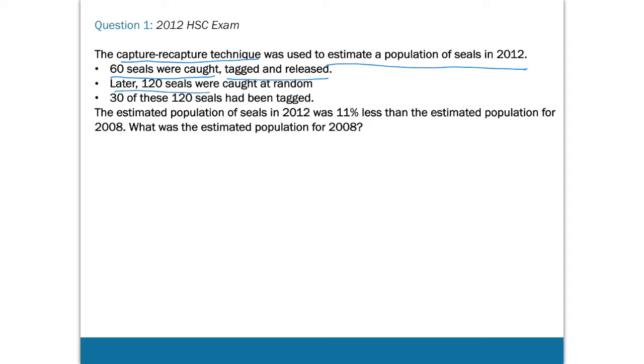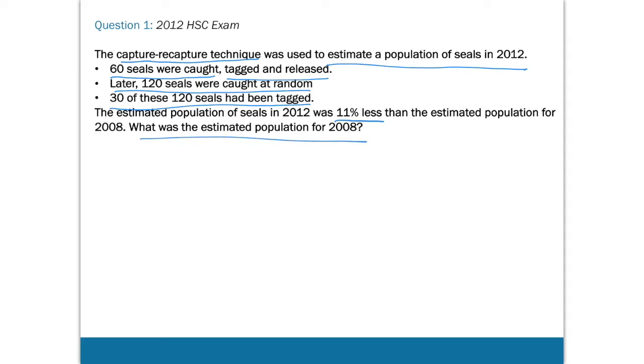Later, 120 seals were caught at random. 30 of these seals had been tagged. The estimated population of seals in 2012 was 11% less than the estimated population for 2008. What was the estimated population for 2008?